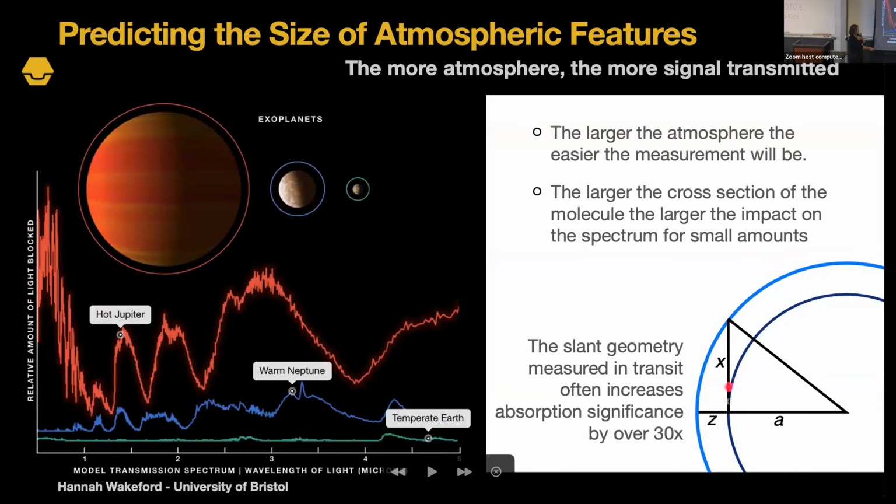So we're seeing through a huge, huge column, and this can increase the absorption significance of a molecule by over 30 times. So something that exists in the atmosphere at an incredibly low abundance can suddenly become incredibly significant when we're measuring it in our spectra. So we can actually access different molecules that we might not be able to see through other means.